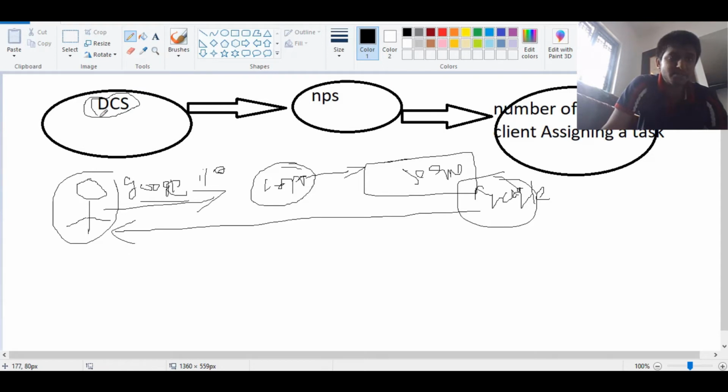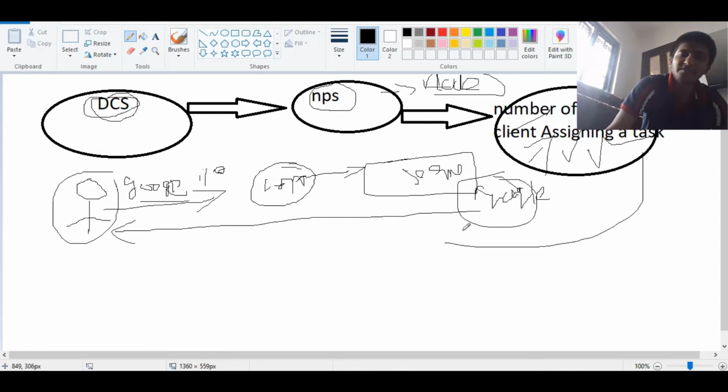This distributed computing system contains a number of processing sites. Those processing sites may be nodes in a computer network, and these nodes cooperate to handle the tasks assigned by the client in an efficient manner.